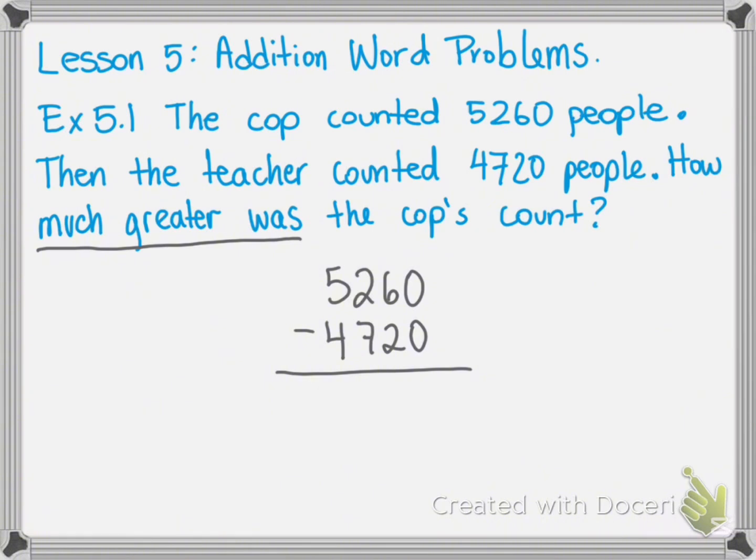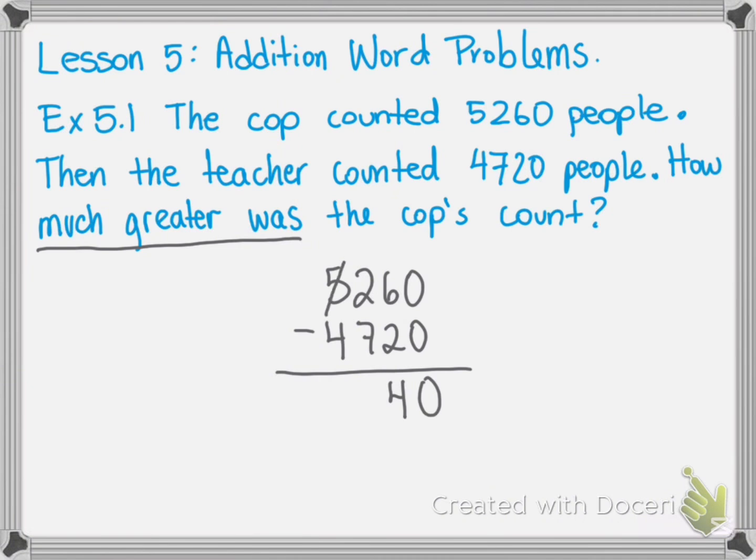Okay, so we subtract. Now remember, when you subtract, you have to align the numbers with the place value, and then we're going to subtract. 0 minus 0 is 0. 6 minus 2 is 4. Now 2 minus 7 we cannot do, so we have to borrow.